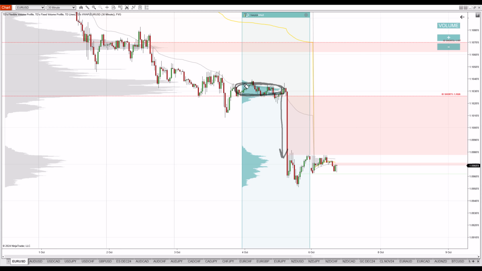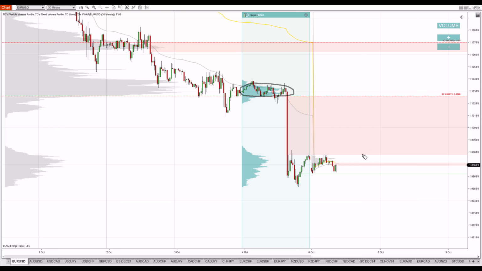Now this is a very important place for sellers, and if the price comes back to this level, it is very likely that sellers will want to defend this place and push the price downwards from there again, right? Because for those sellers, this zone is really important. You can see that if you look at the volumes, right? So this is a very important level for the sellers, and that's why they should defend it.